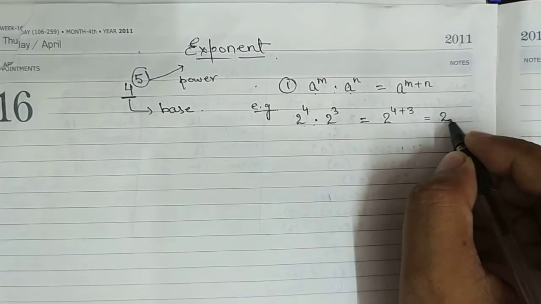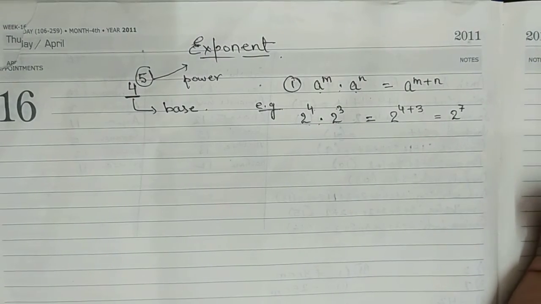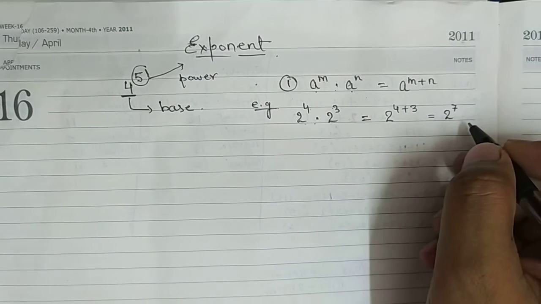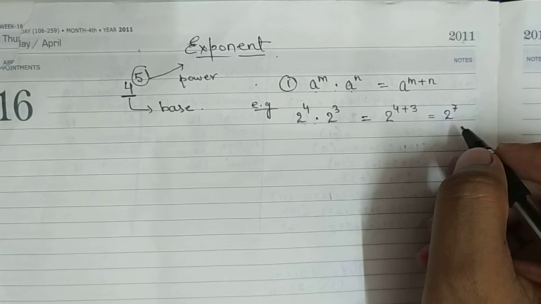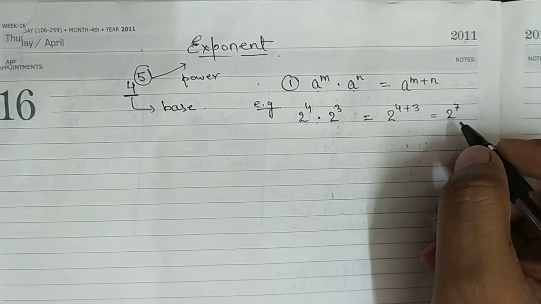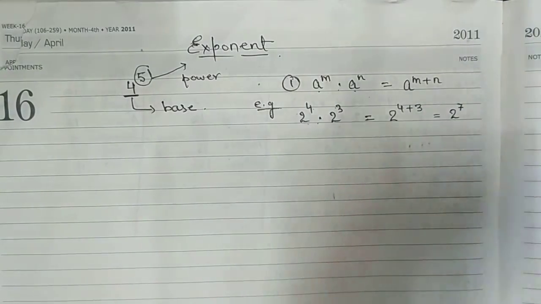It means 2 to the power 7. We can further solve it by writing the value of 2 to the power 7. Now, this is the first rule.